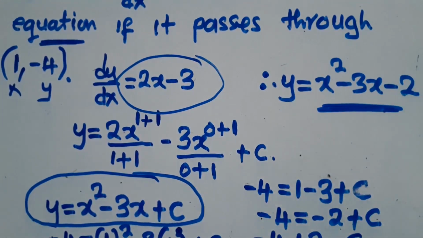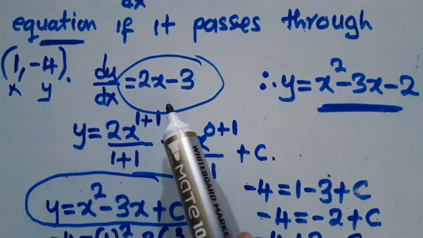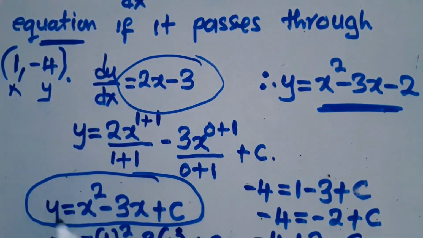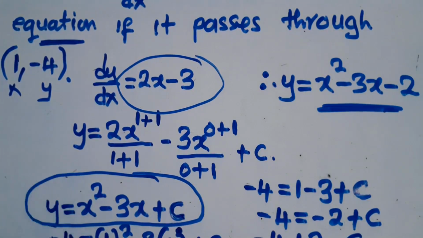The first thing I did was to integrate. After I integrated, I came up with this equation. So this is the equation they want. But we should not have a c there, meaning that the point which you are given, you will always be given a coordinate, or rather a point, just one, where you substitute the value for y and the value for x, so that you find the value of c.